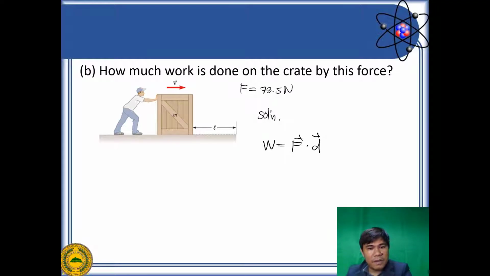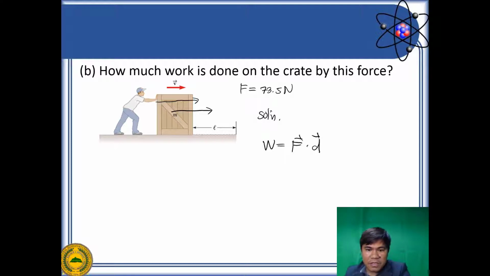this magnitude L. So if you look at the directions, the applied force of this human being to the crate is towards the right, and the displacement of the crate is also towards the right. So basically, the direction of the force and the displacement is the same.